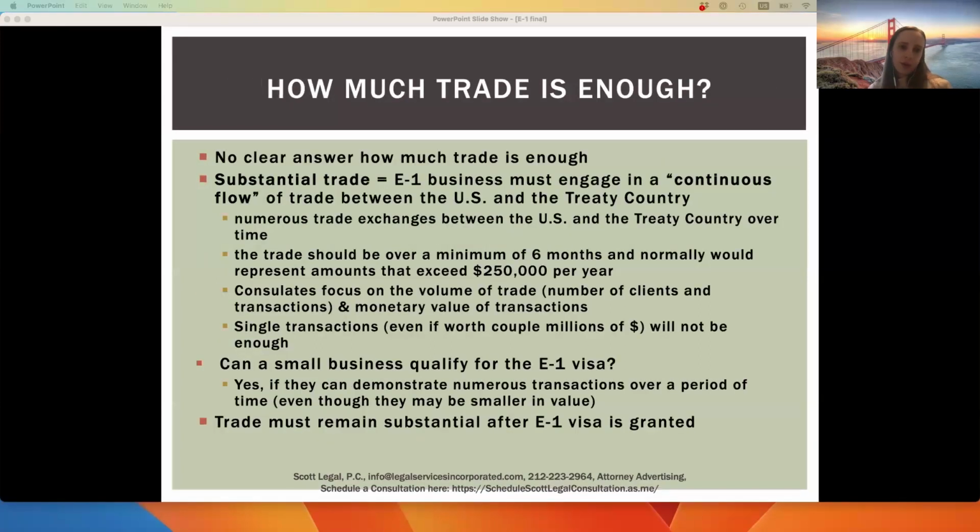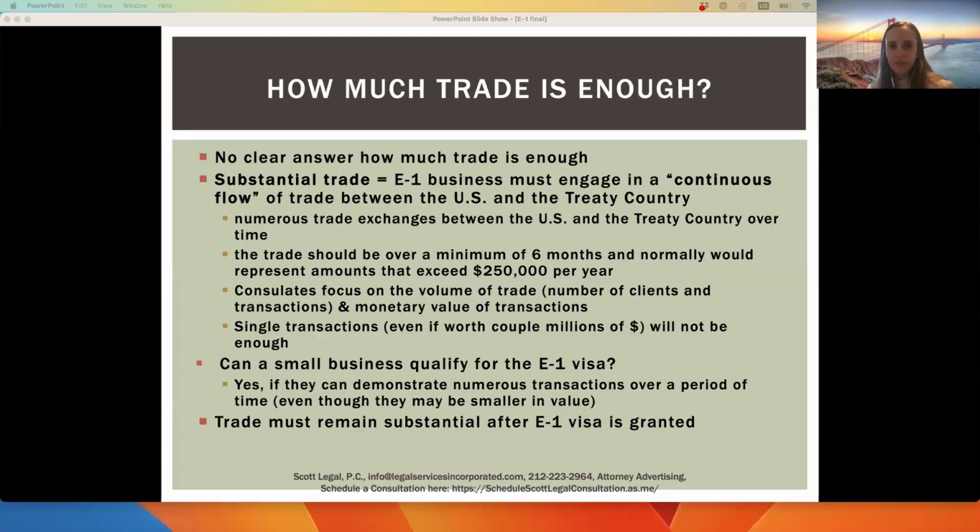Perfect. So, as I mentioned in the beginning, one of the requirements for an E-1 visa is that the trade must be substantial. And so what does substantial mean? Unfortunately, there is no exact definition in the regulation that would say, if the trade is $100,000 per year, that means substantial.